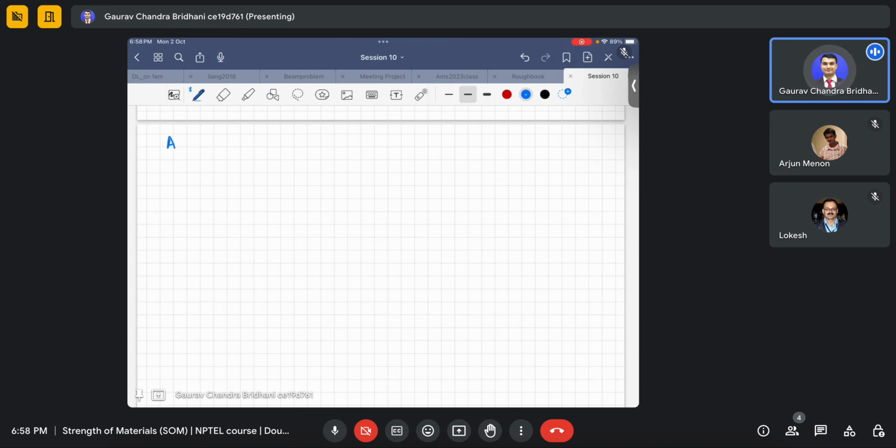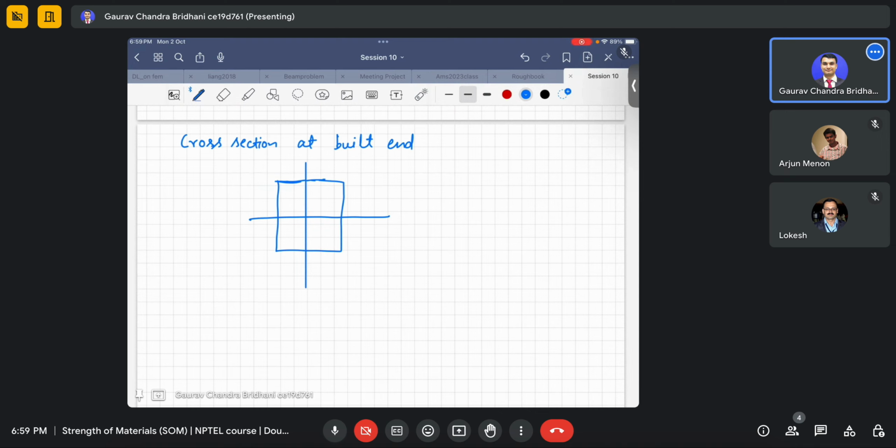Apart from that, we need the cross section at the built end. I will first draw the cross section at the built end. It will be something like this. This is positive y, positive z, and this is our point D. This is the origin.